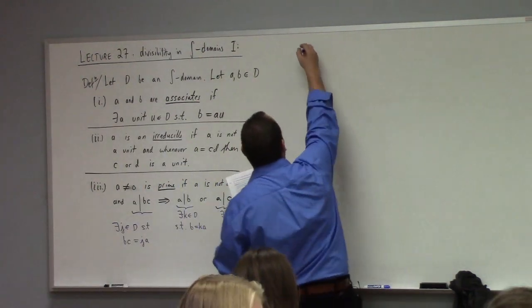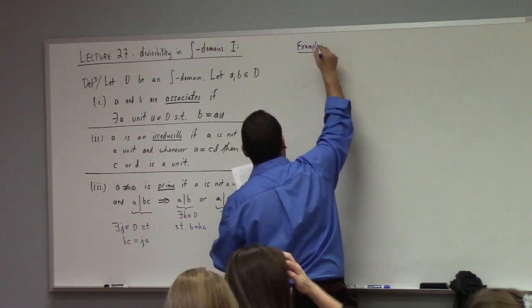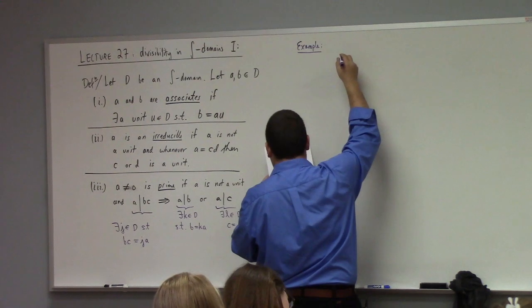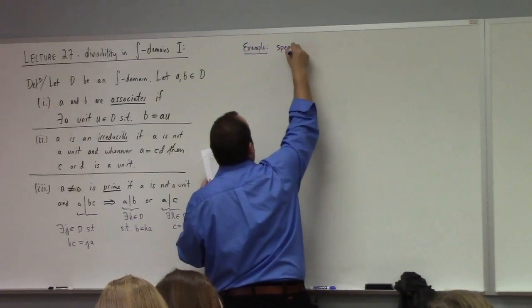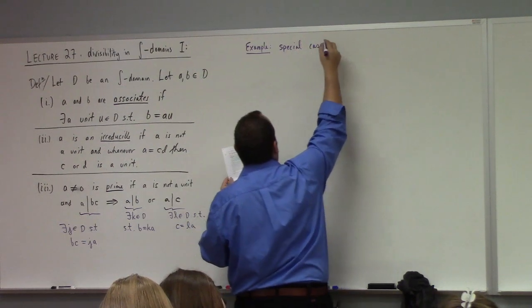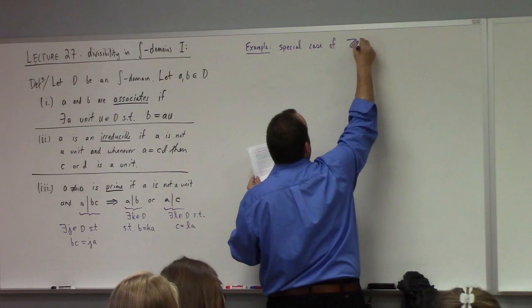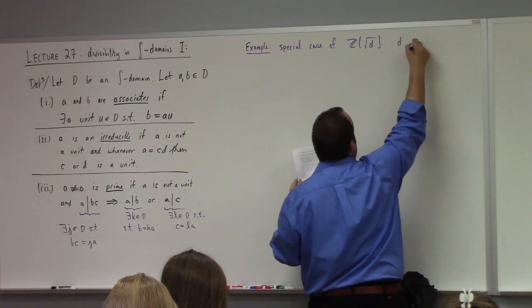So let's begin with an example, actually. This example is a special case of a general class of examples, which is Z adjoin the square root of D, where D is square free.